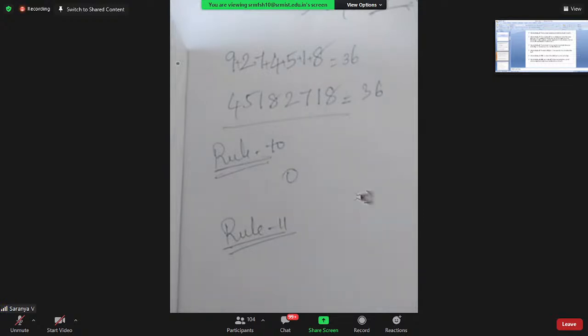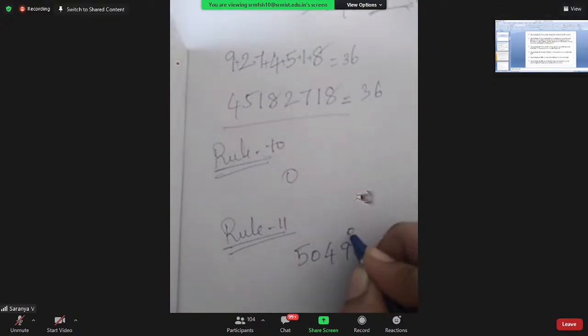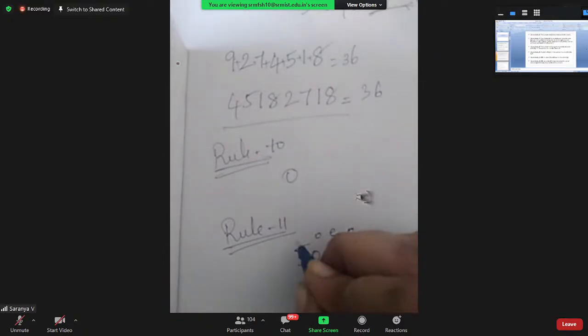So for the rule of 11, I'll give some number, 5049. So the rule is: odd place, even place, odd place, even place.